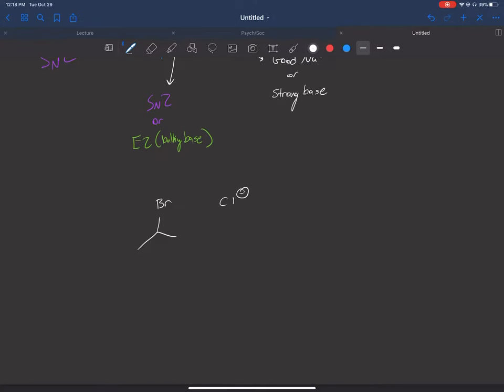Okay, cool. How about OCH3 minus? Well, we know that that could be a good nucleophile, but it's also a good base. We've seen something very similar to OCH3, which is just OH minus. We know that is a good base and it's a good nucleophile, right? So we could put OH minus here too, right? How about something like CN minus?